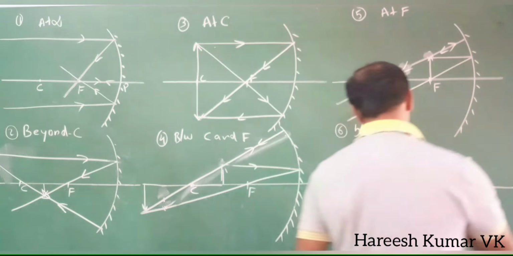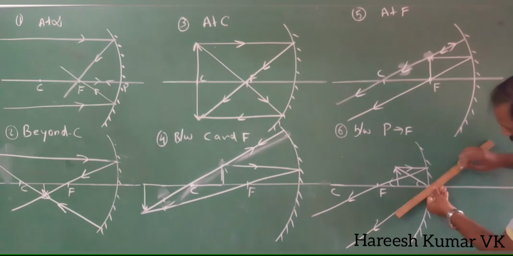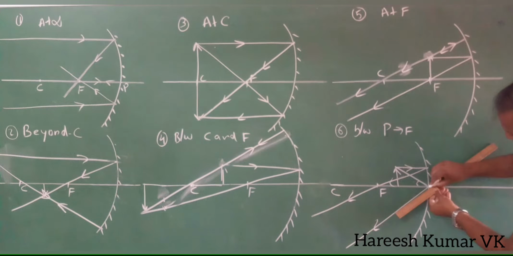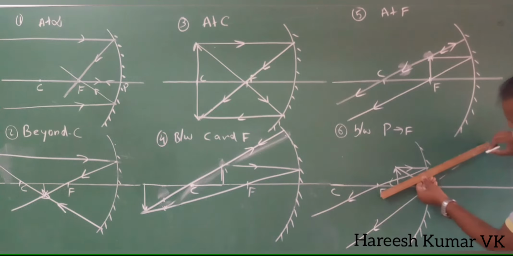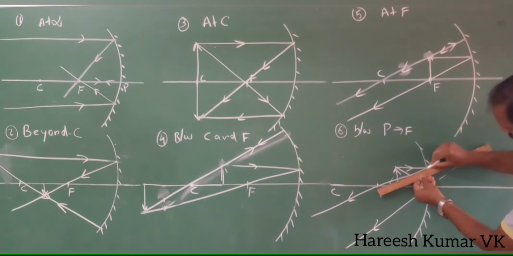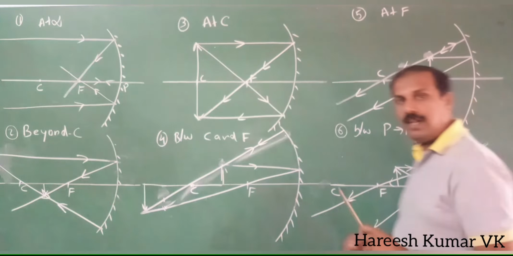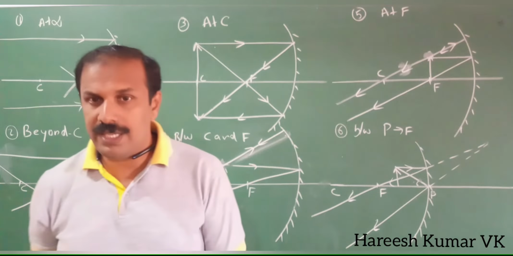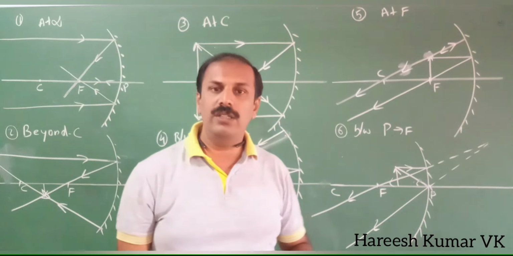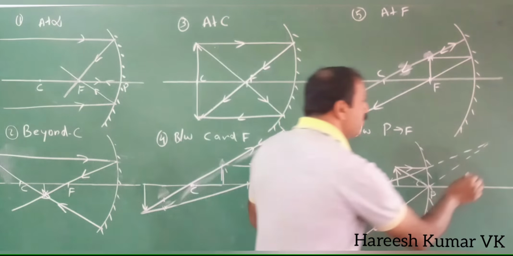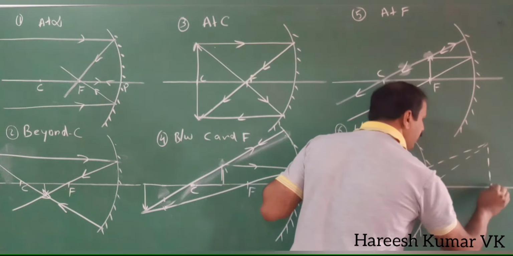You have to extrapolate these two lines. This line, if you extend like this, it will go like this. This one also, if you extend, will come like this. Okay. So when I am drawing that dotted line, the meaning of the dotted line is that the rays are not actually going there. Now see here, one image will be formed. This will be a virtual image.